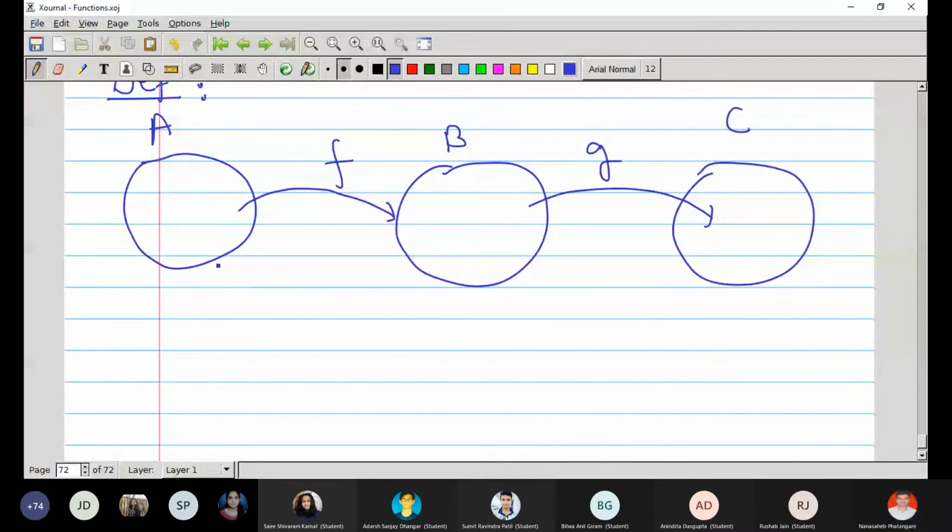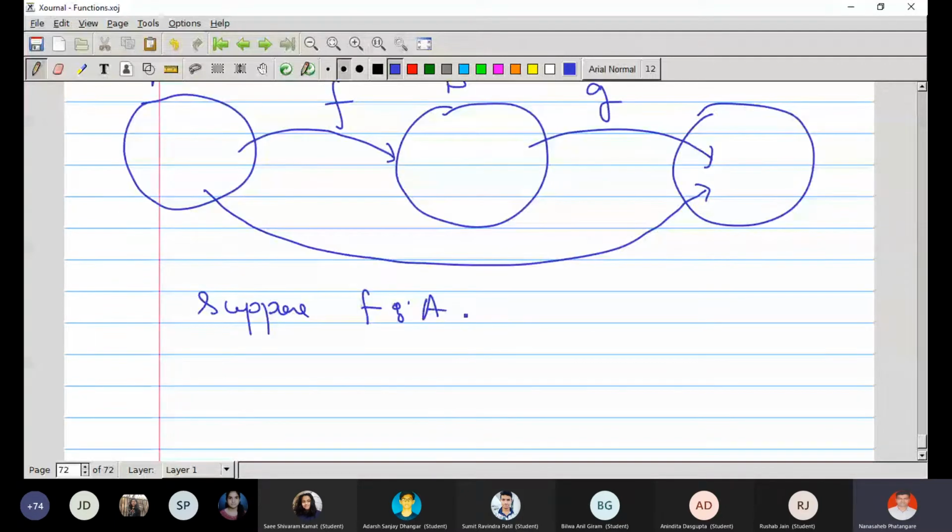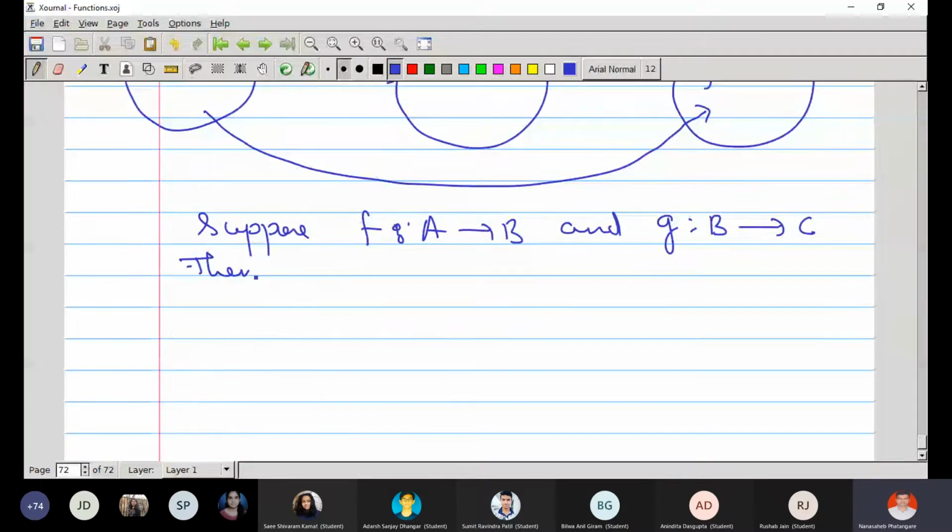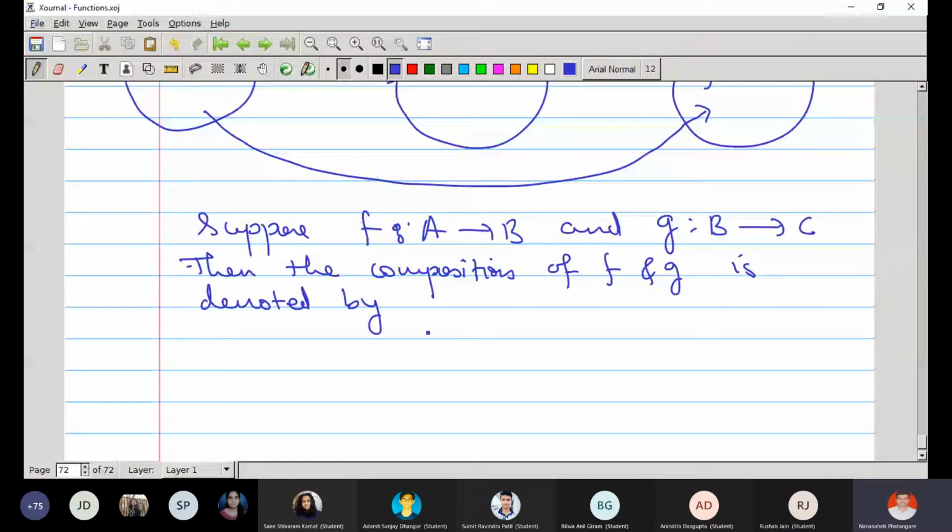Suppose f is a function from A to B and g is a function from B to C. Then the composition of f and g is denoted by g composite f.